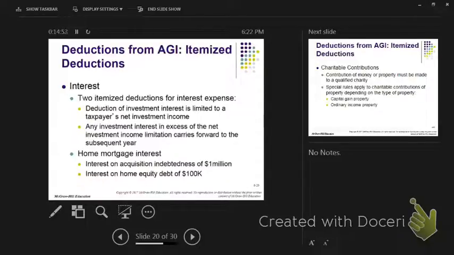You can also include in that what we call a home equity loan, which is a secondary loan on your home. Those are very common for most of us, all right, where we have a house and then we take out a secondary loan. It could be $5,000, it could be $20,000 or whatever, and that loan can be up to $100,000 in interest, all right, on the debt of $100,000.